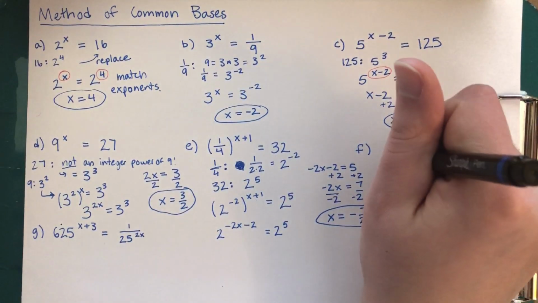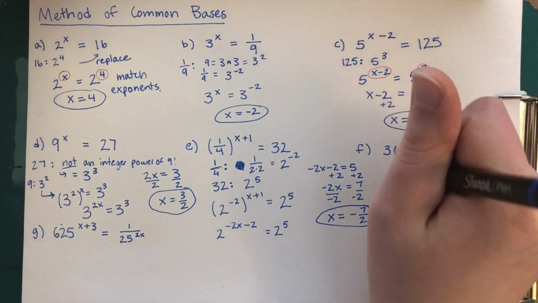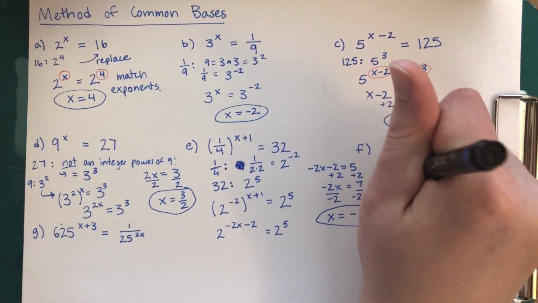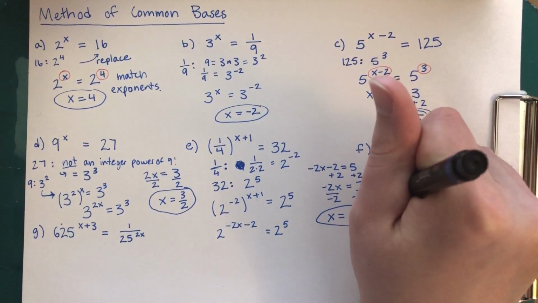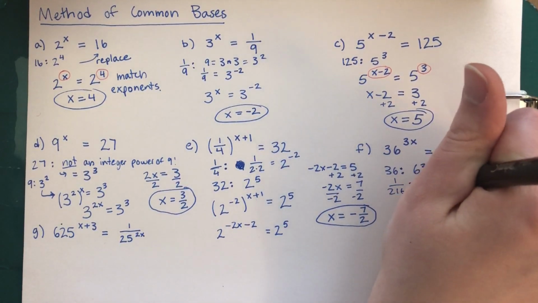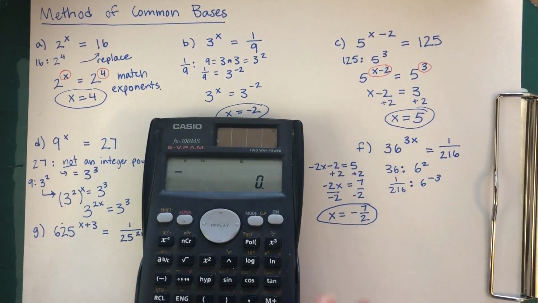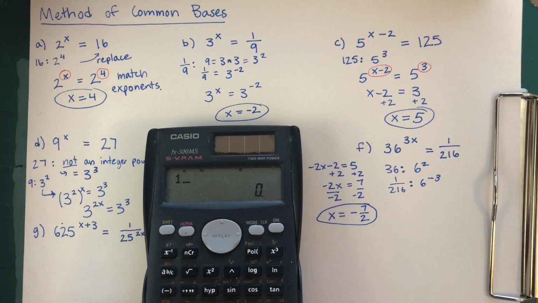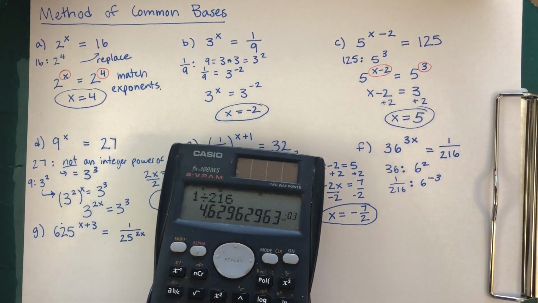I've got 36 to the 3x equals 1 over 216. 36 is 6 squared. 1 over 216 is 6 to the negative 3. I think I can always double check that if I'm not sure, so I don't have to totally memorize them, but it's helpful to have an idea and be a little bit familiar with them. 1 over 216.